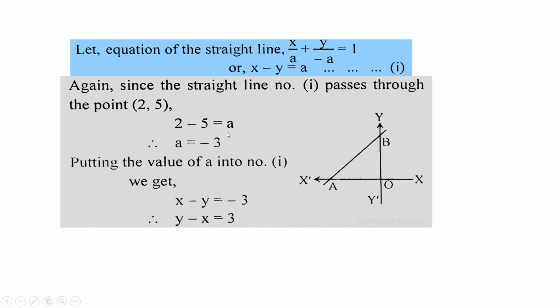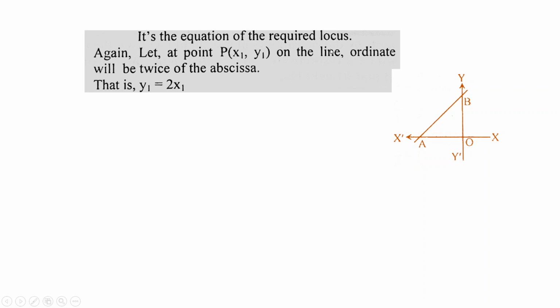So 2 minus 5 equal to a, that means a equal to minus 3. Putting the value of a into equation 1, we get x minus y equal to minus 3. So boys, finally we get y minus x equal to 3. It is the equation of the required line.